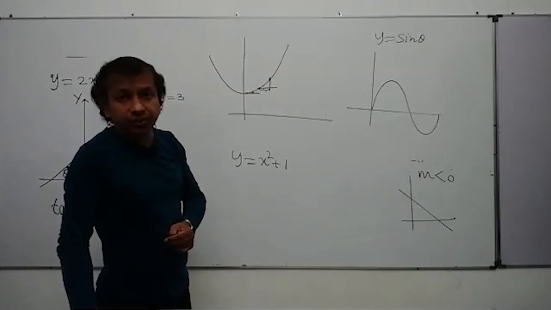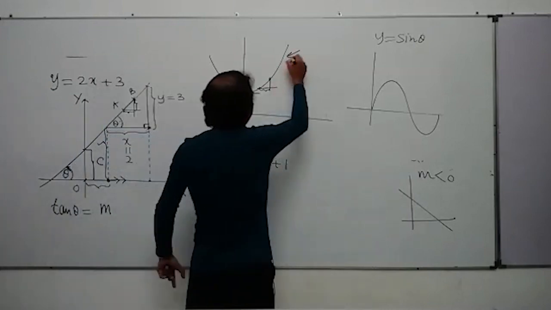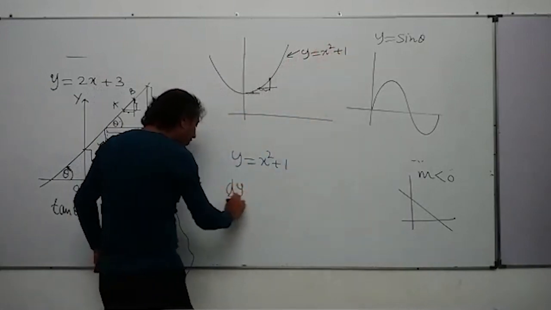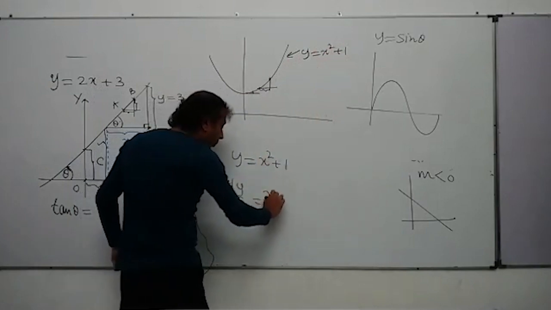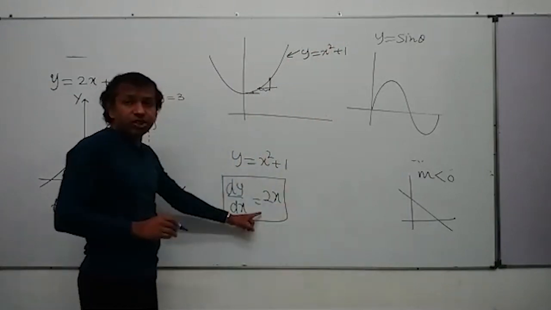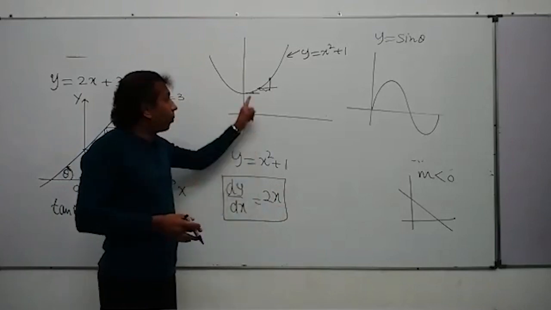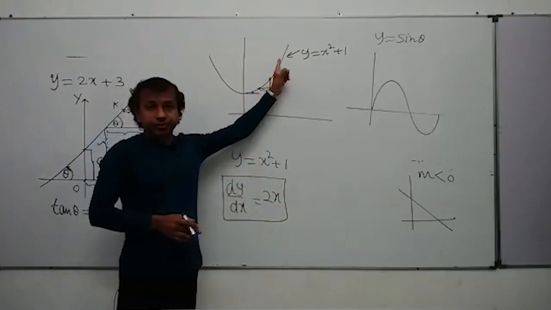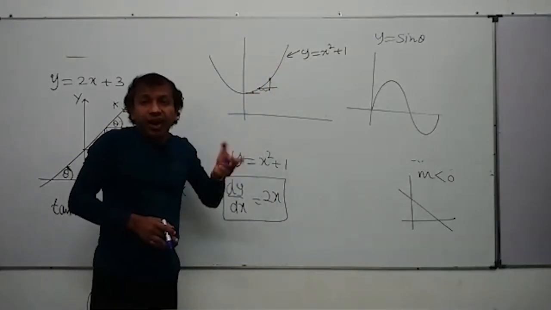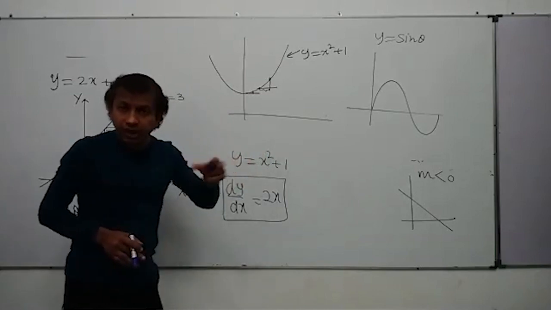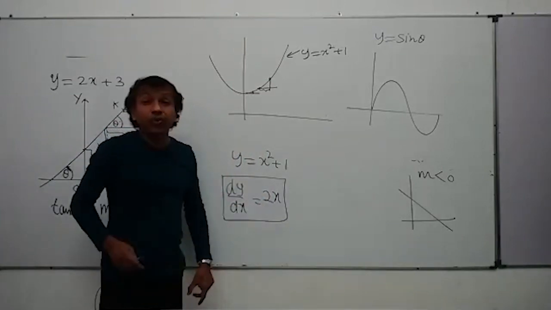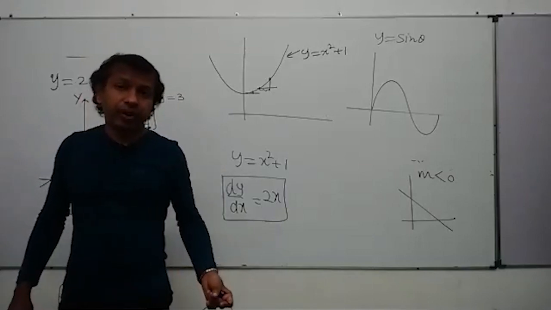Once you differentiate this one, we get dy by dx is 2x, since the derivative of 1 is 0. So what is this 2x? We said that from point to point the gradient is changing. If we try to explain the variation of that change by an equation of the gradient, it can be written as 2x. So the gradient function is what we get by dy by dx.